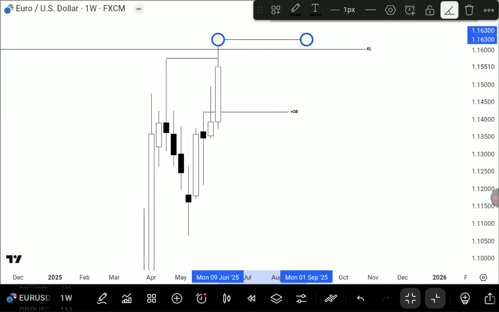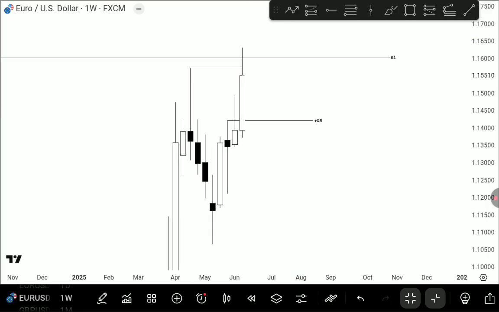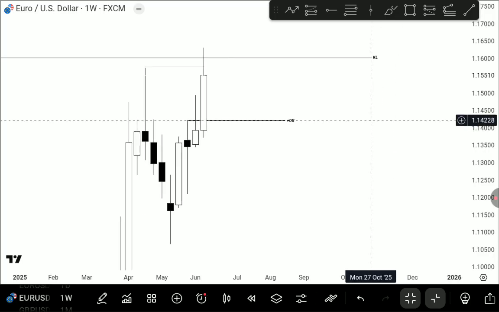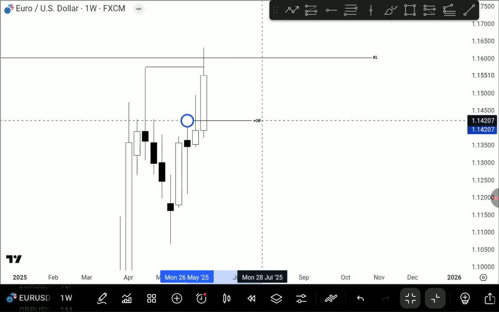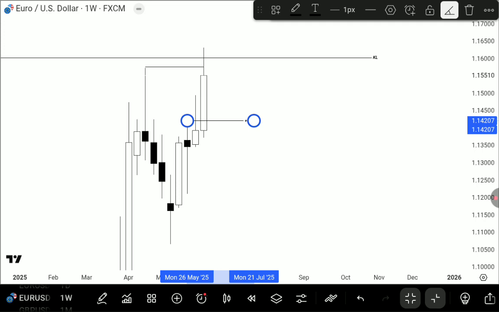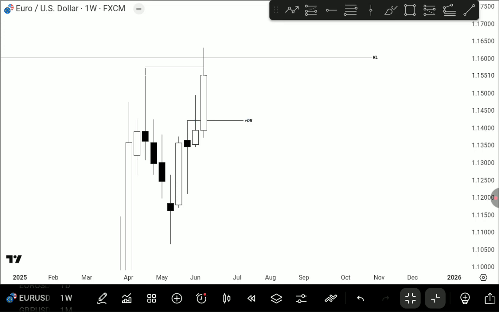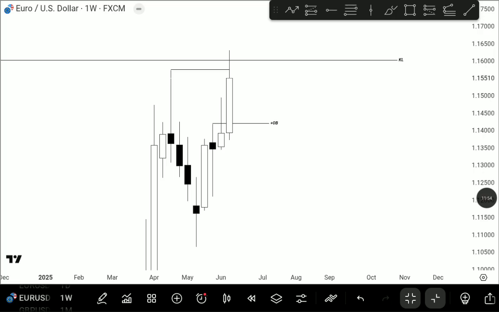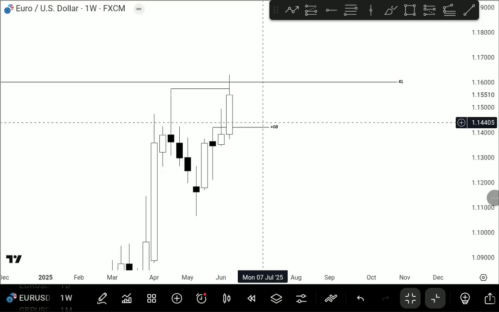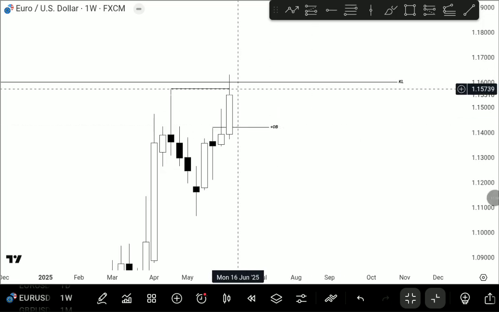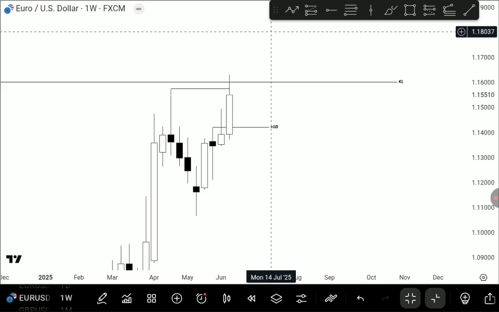So if I'm to expect price to continue being bullish, then I at least need to see price reach this very key level. I don't know if it makes sense to you. Technically, I'm yet to move to the time perspective of price, but I would need price to reach this order block first before it can think of doing anything.